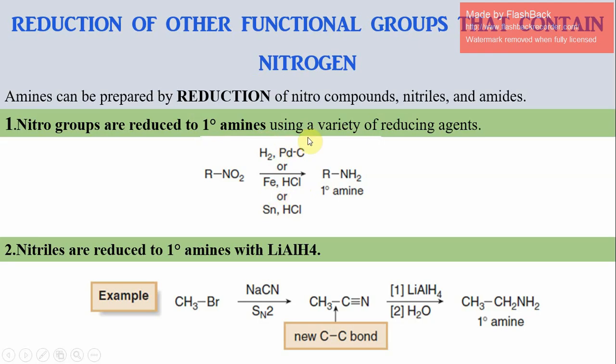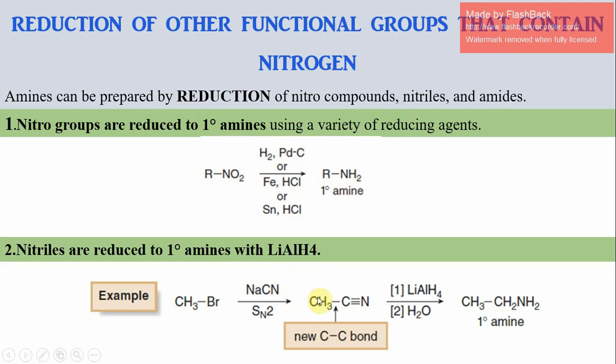Here are some examples given here. This is an organic molecule with the nitro group. This is reduced to amine. So hydrogen with metal catalyst or metal with the acid can reduce nitro group into amine.